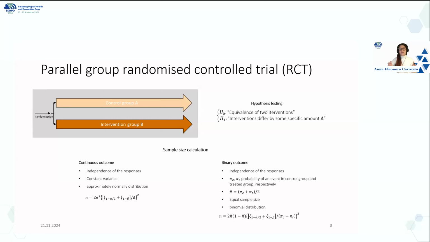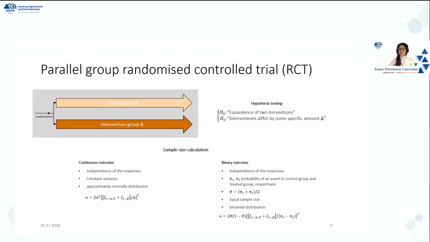We can summarize our research question by the following set of hypotheses. We have a null hypothesis H0, which states that the two interventions are basically equivalent, so there is no difference between the two interventions, against the alternative hypothesis, which states that the two interventions differ by some specific amount, delta.